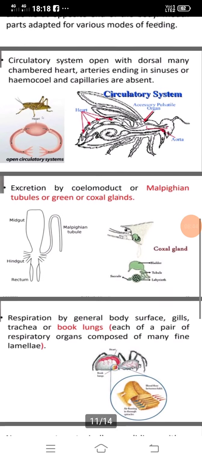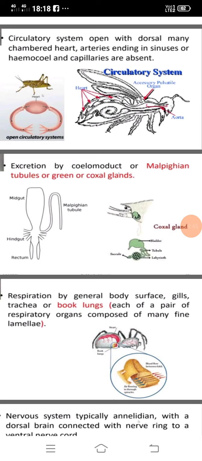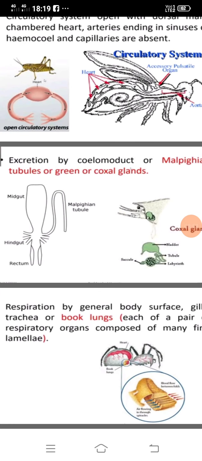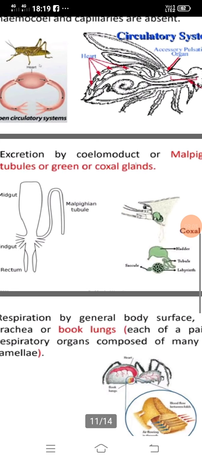So then next is excretion by Silomo duct or Morphine tubules. So you can see in this diagram, this is Morphine tubules taking the excretory material from the fluid-filled body cavity hemocoel and then feeding into the intestine.